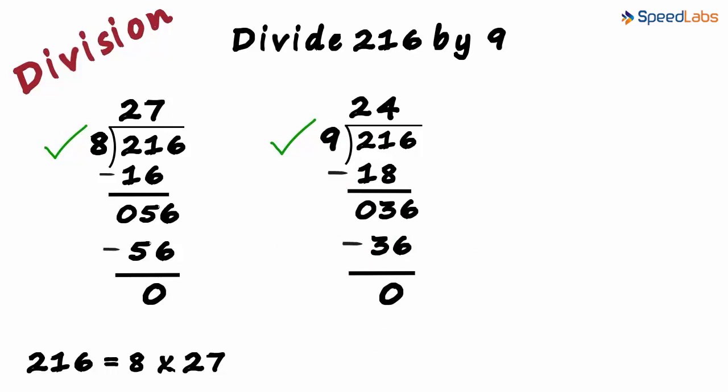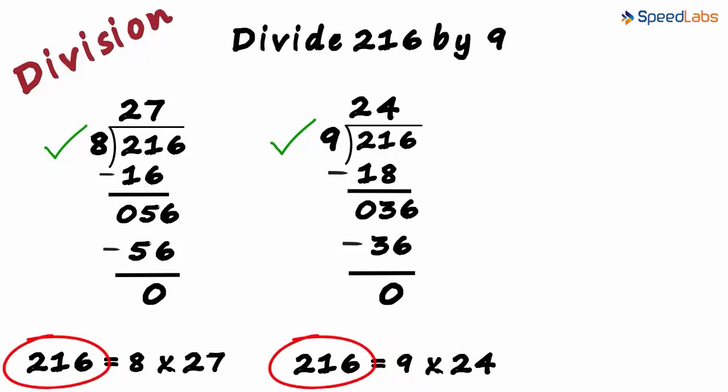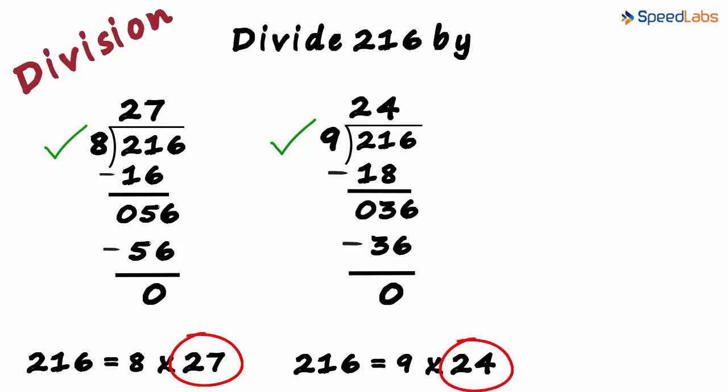And since 216 can also be written as 9 multiplied by 24, 24 is also a factor of 216. In the process of finding out if 8 and 9 are factors of 216, we also found out two more factors of 216: 27 and 24.